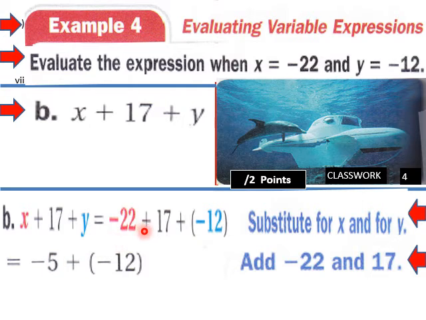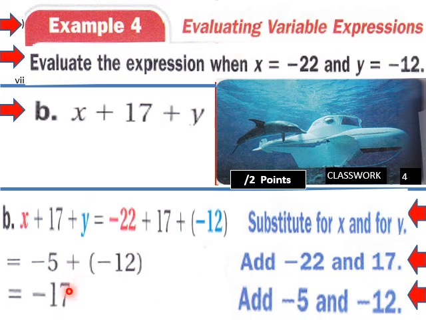This integer has a larger absolute value than 17, so we adopt the negative sign here. -22 and 17 is -5, plus -12. So what is -5 and -12? That would be -17, right? -5 and -12 is -17.